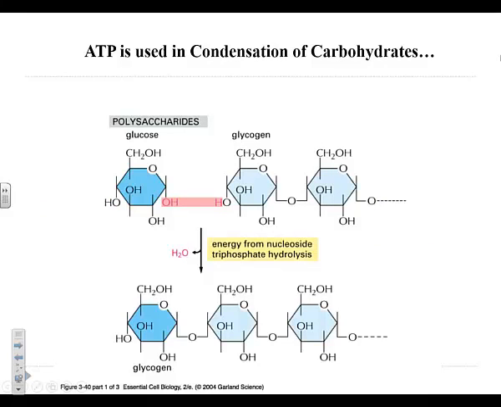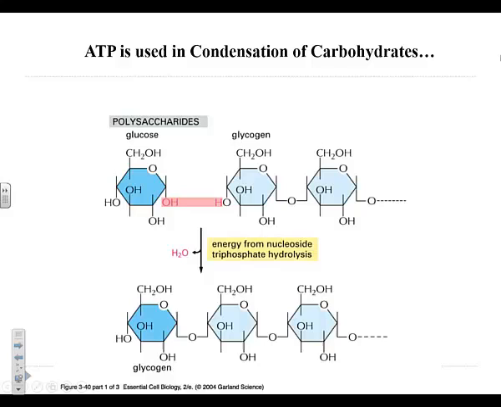Okay, so here's an example of ATP used in the condensation of a monosaccharide or disaccharide to a polysaccharide.